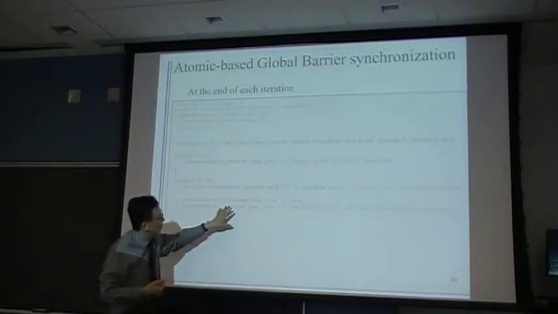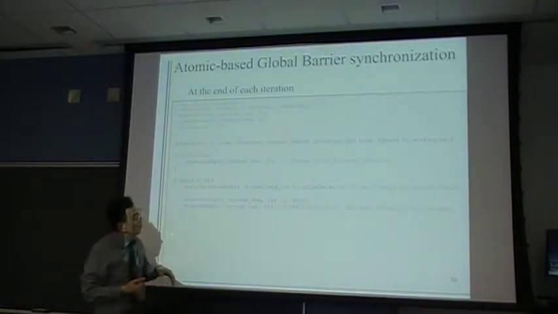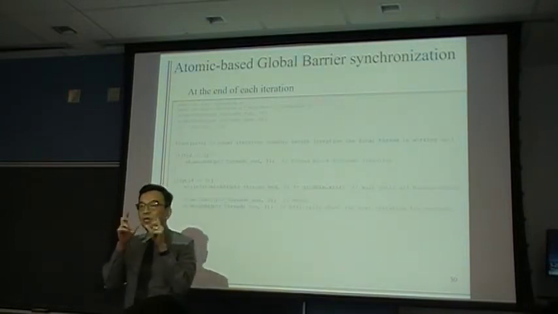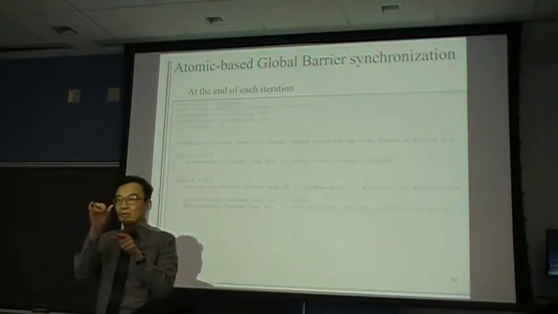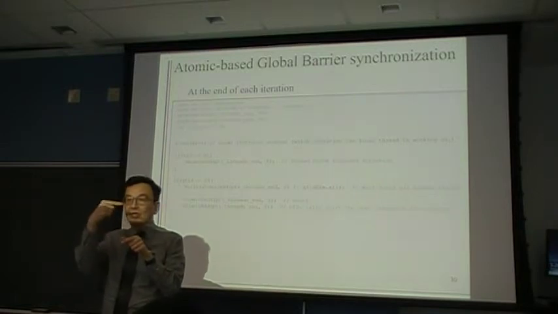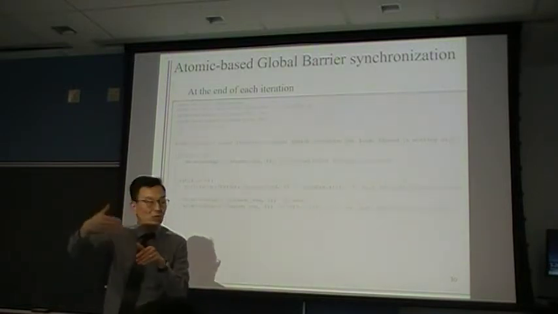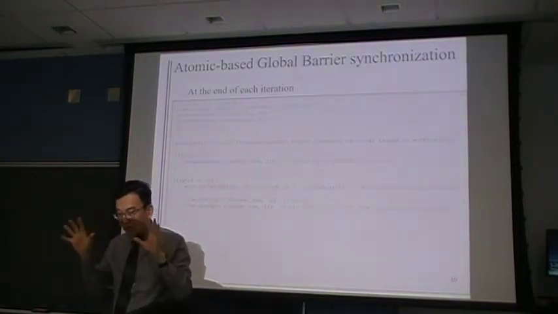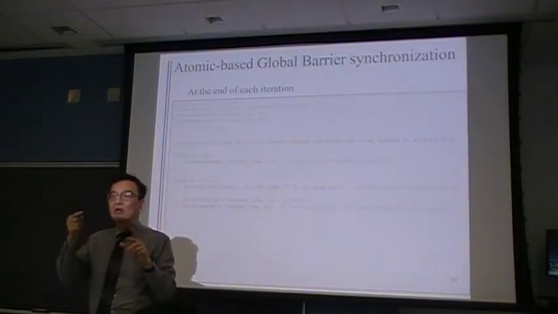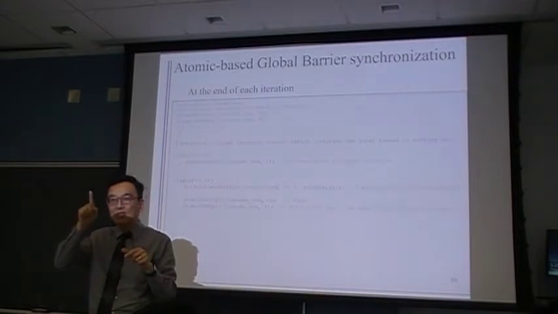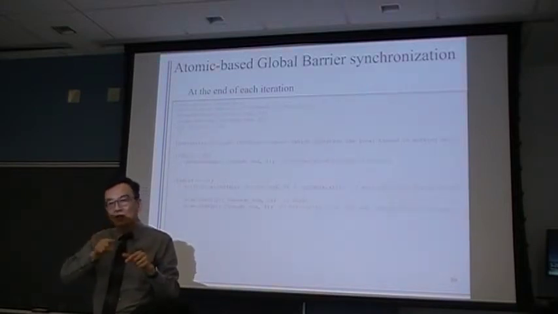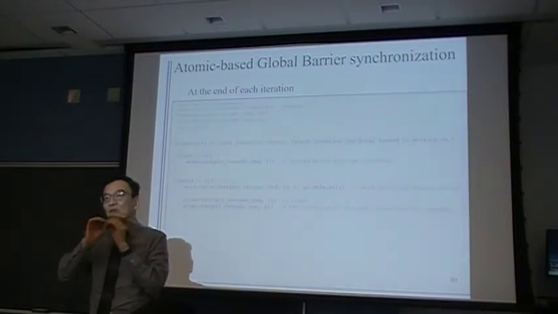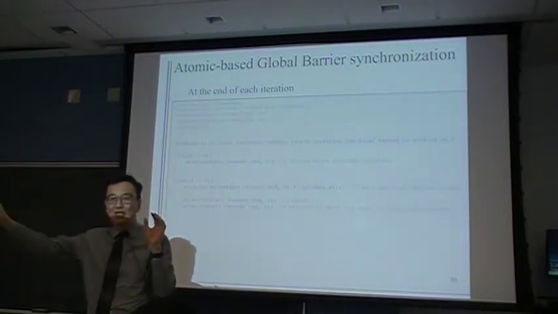So this is actually an unfortunate name for the variable. It's really what I call the official iteration number. So when this thread 0 knows that everyone has completed the work, you will officially increment this variable so that it will give you the iteration number for all the threads to work on in the next iteration.